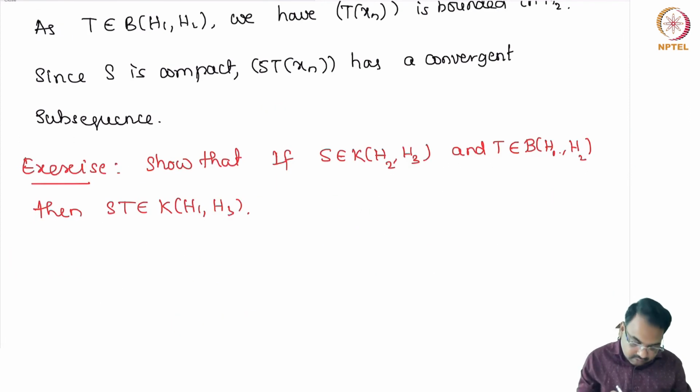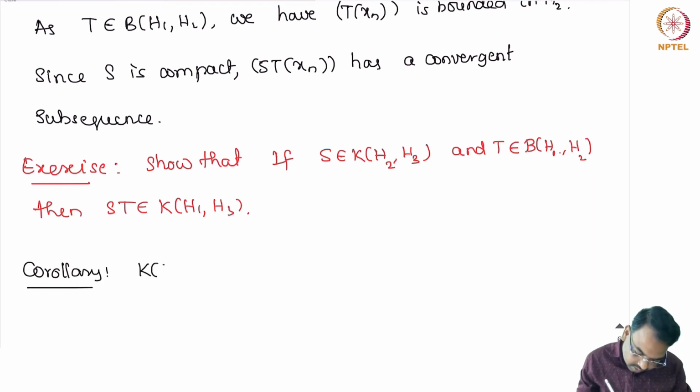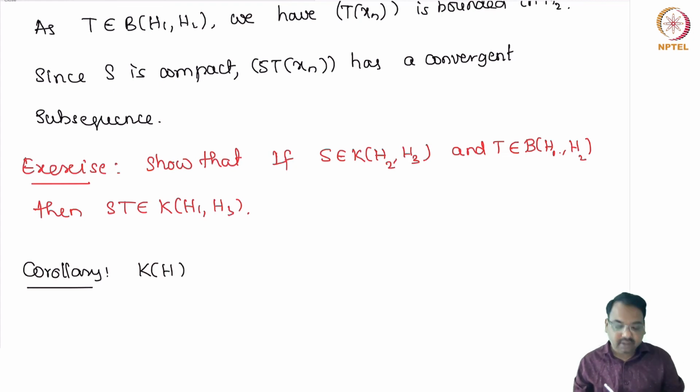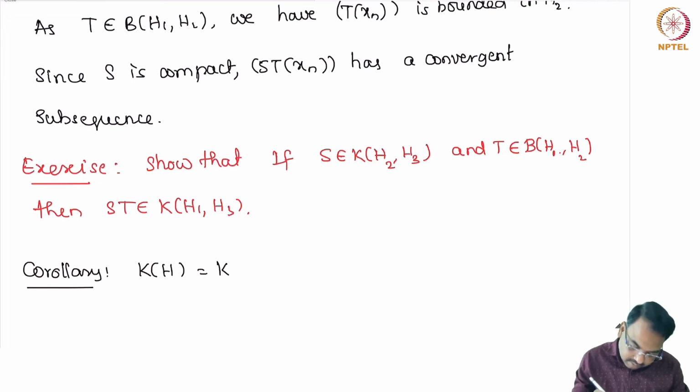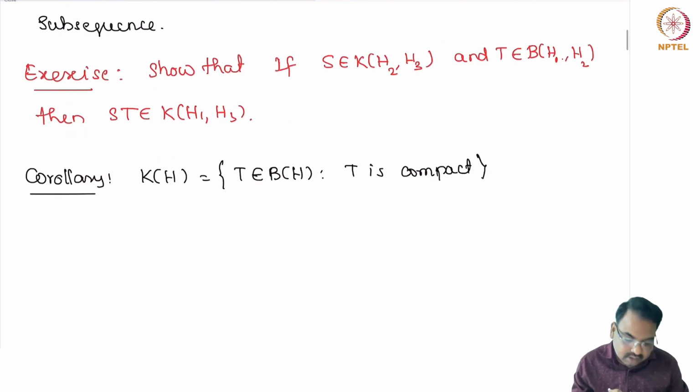So as a consequence of these two results, we can write, if you look at K of H, that is the set of all compact operators from H to H, set of all bounded operators T such that T is compact. This is K of H, H in fact. So for notation convenience, we write K of H.